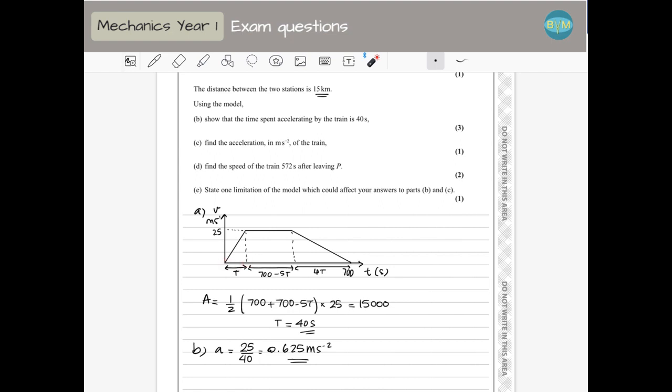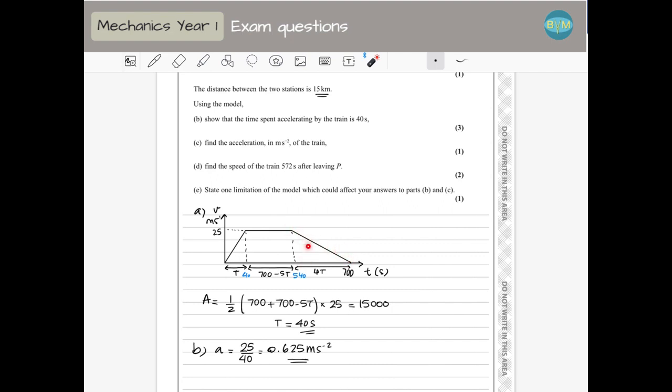This is 40, this is 700 minus 5 times 40, which is 500. So here is 540 seconds. If we write the seconds, this would be 40 seconds, this would be 540, and this would be 700. So if they are asking us 572, that means we are somewhere here in the deceleration.